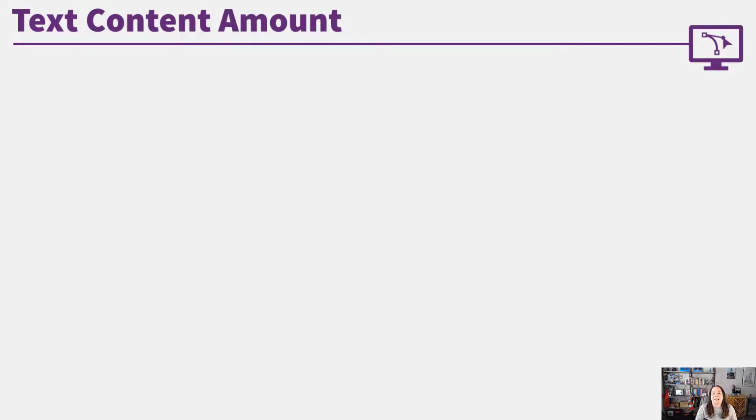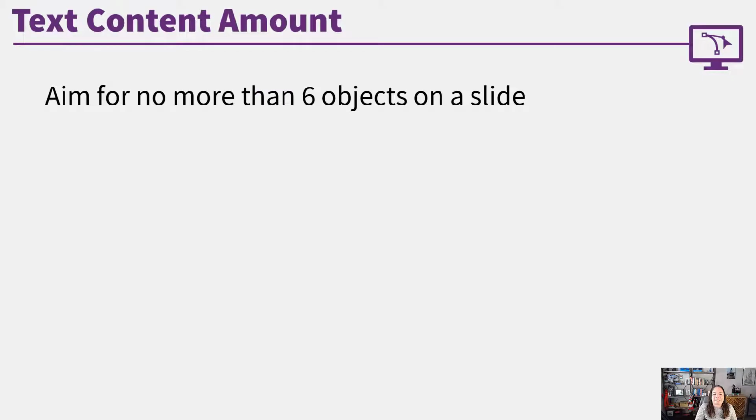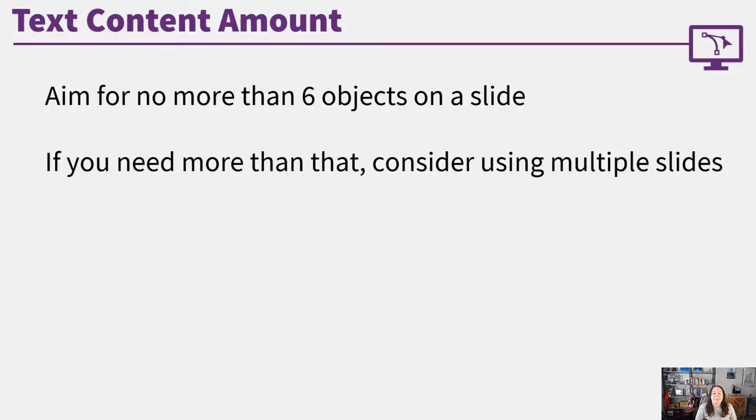How much text should be on a slide? There is no exact hard and firm rule, but the general guidance is that you really don't want more than 6 objects, 6 ideas, 6 bullets on a slide. If you need more than that, you might want to consider splitting your slides into multiple slides.